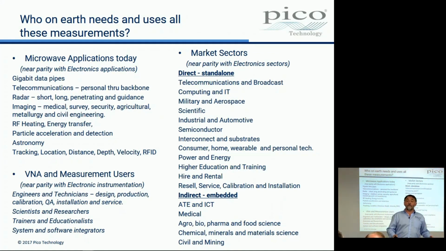Really, microwaves and VNAs, potentially, they're general purpose test equipment. A bit like saying, who uses a scope? What market sector analysis can you do on a scope? Well, everybody, right? Who uses a VNA? Well, if you make them fairly easy to use and at a low enough cost, then they are a general purpose device.